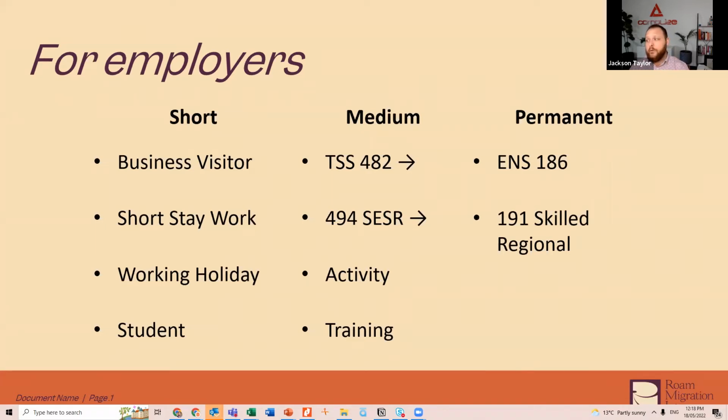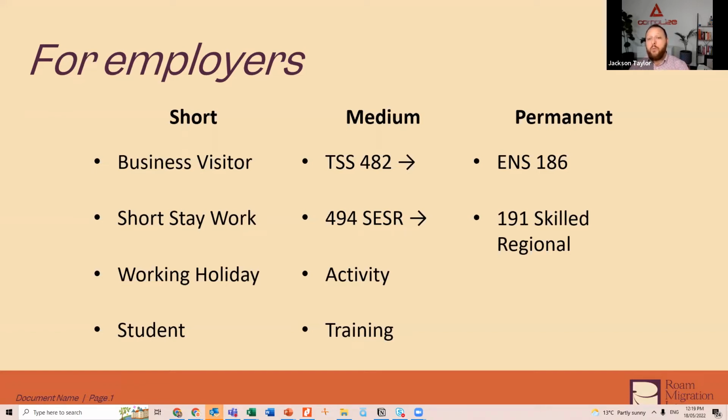And then we've got the students, who obviously make up a large cohort of, I don't want to say low skilled, but often jobs that are temporary in nature or casual in nature, whether it's in hospitality or other sectors, and losing a large chunk of that student cohort during the pandemic has been very problematic for many employers.